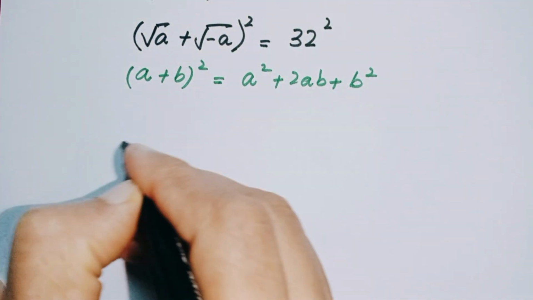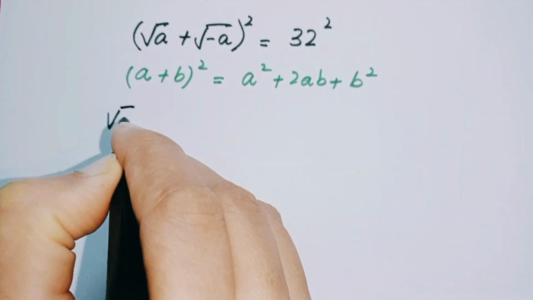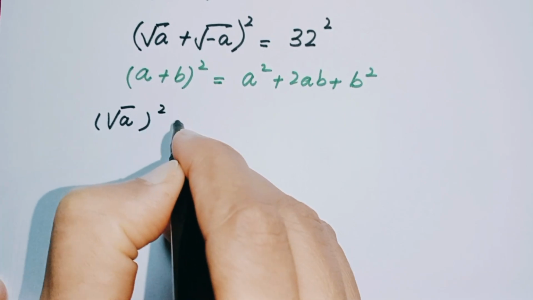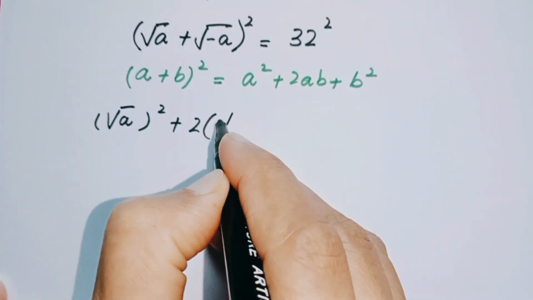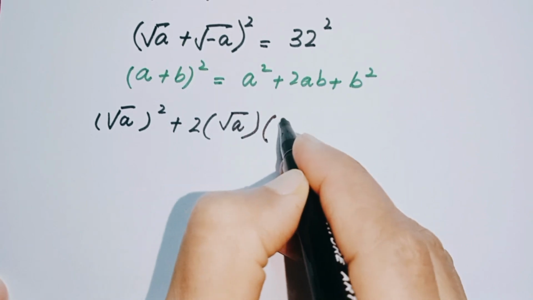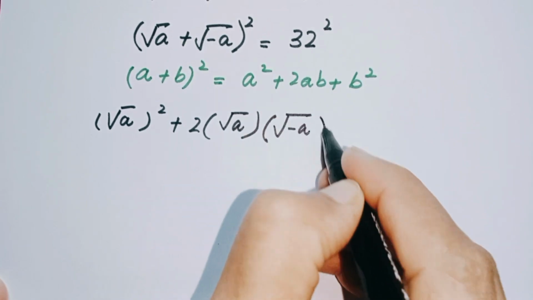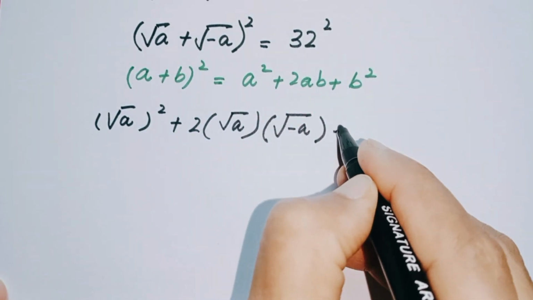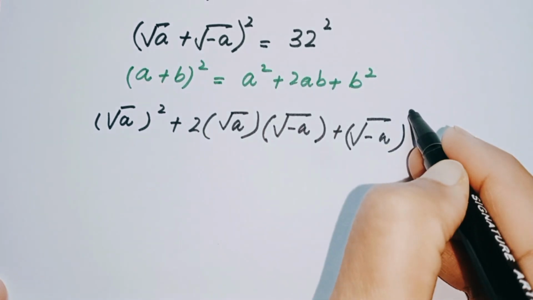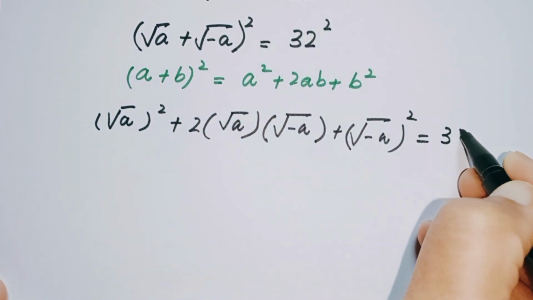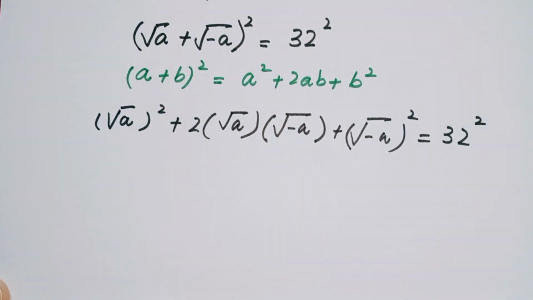So we'll write square root a whole square plus 2 times square root a times square root minus a plus square root minus a whole square, is equal to 32 square.